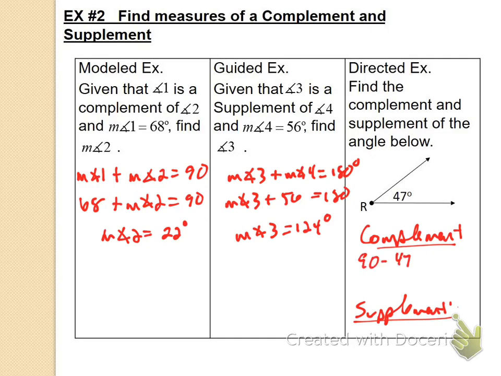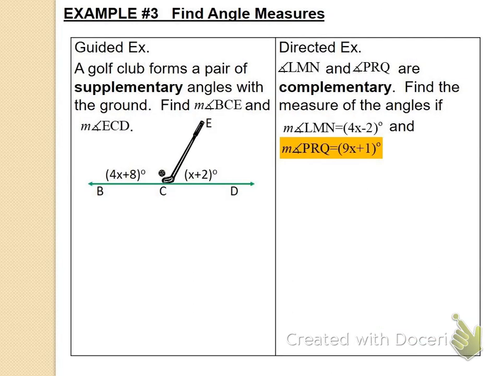For a complement, just subtract 47 from 90 and get 43 degrees. For a supplement, subtract 47 degrees from 180 and get 133 degrees. Okay? Complements add to 90, supplements add to 180. That's all there is to it. All right.